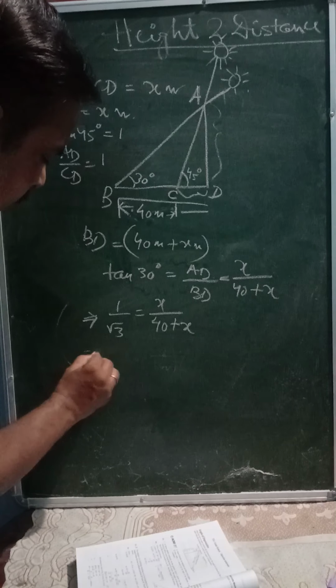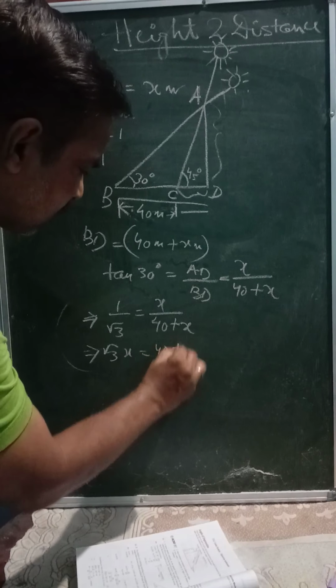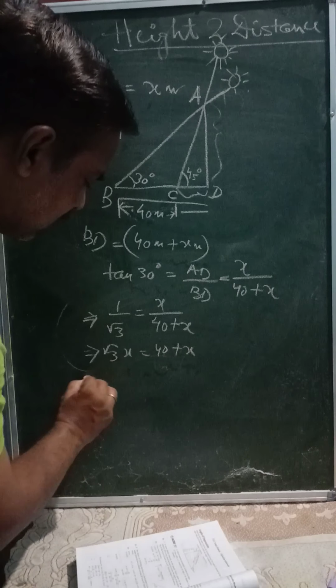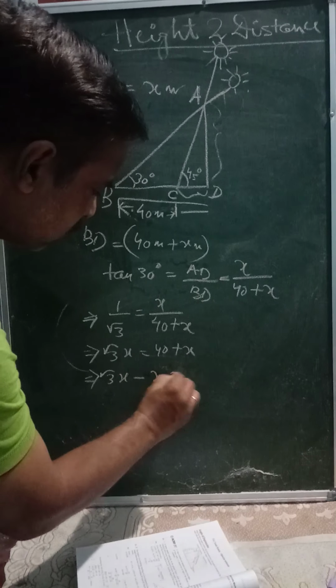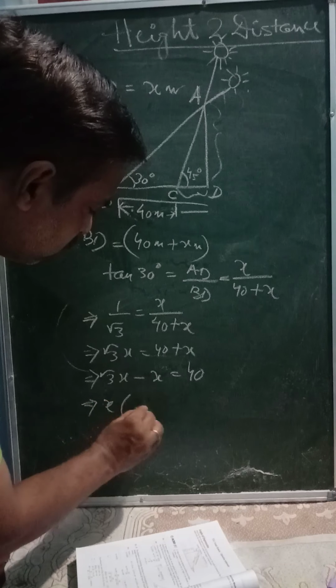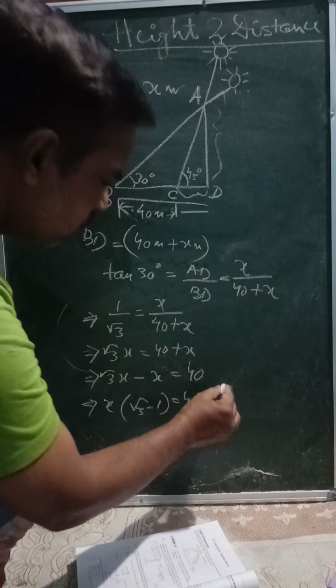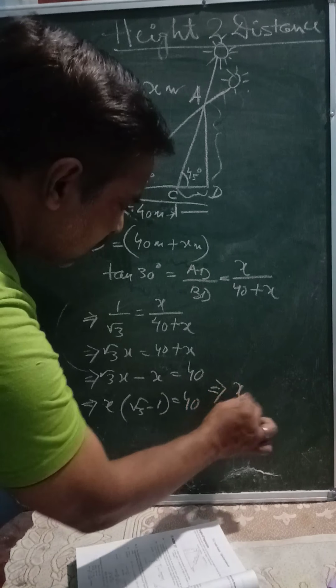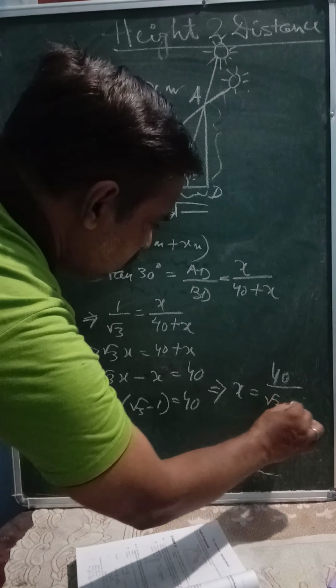Now we can solve it here. Root 3 x is equal to 40 plus x, which implies root 3 x minus x equals 40. If we take x common, x times (root 3 minus 1) is equal to 40. So x equals 40 by (root 3 minus 1).